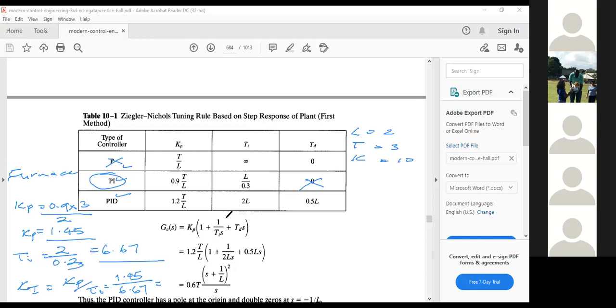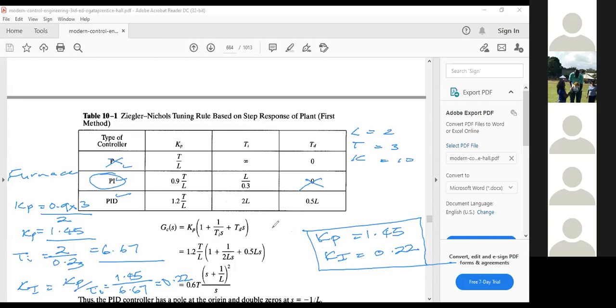We need a battery for the phone. 0.22. So KP is equal to 1.45 and KI is equal to 0.22. So that is how we would sort that out.